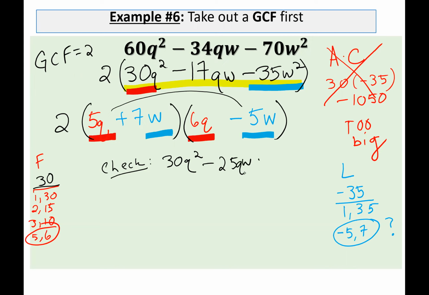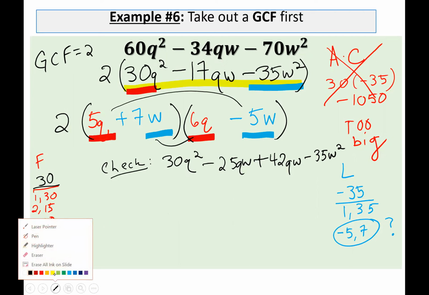Oops, sorry. And then my inside terms, 7w times 6q, that's positive 42qw. Then my last two terms, 7w times negative 5w, that's negative 35w squared. So remember, we already knew that the 30 and the 35 would be all good. We really now need to check those middle terms.